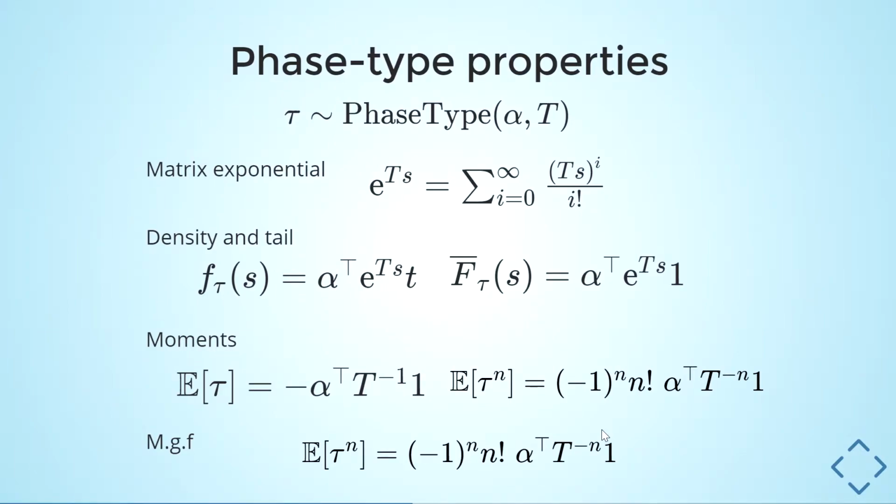What's nice about it is if you have something that you're modeling with a phase type, you can write down all these properties. The probability density function is very simple to write down. The survival function is very simple. All the moments you can write down. The moment generating function you can write down.